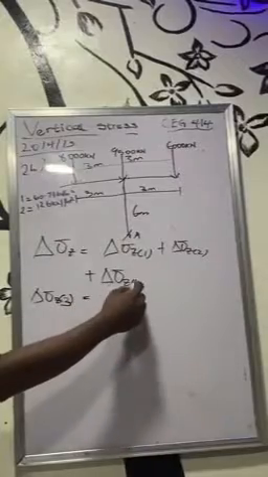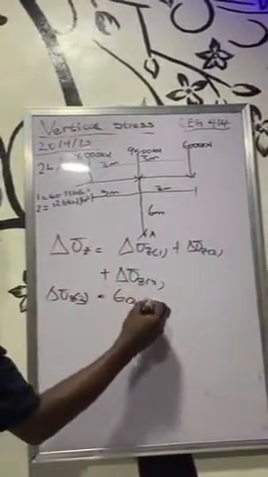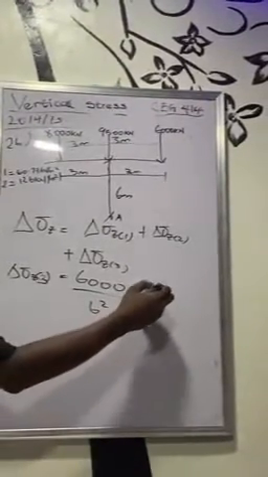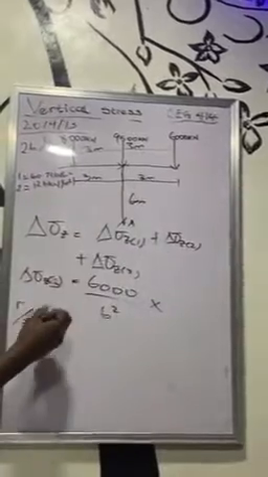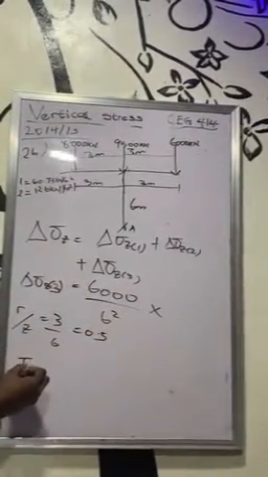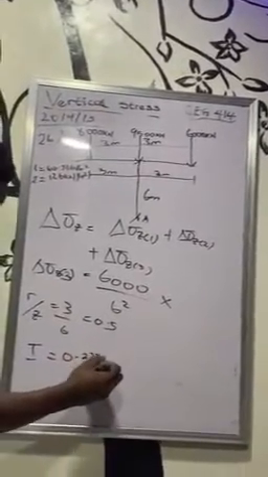For the change for the third one, that's for 6,000 kilonewton, P over Z squared, P is 6,000, Z is still 6 squared. We're looking for I, which is dependent on R over Z. My R is 3 meters, and Z is still 6. I have 0.5, so I have the same I as earlier, 0.2733.